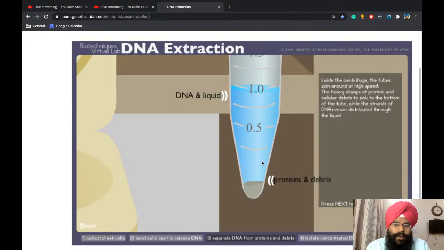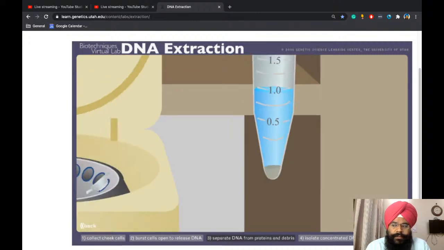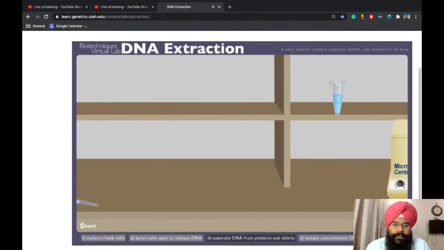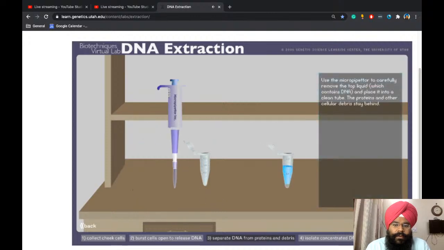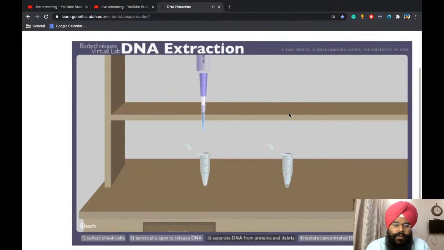The heavy clump of debris and proteins comes to the bottom of the tube, while the strands of DNA remain distributed through the liquid above. So we will carefully take the supernatant, which contains the DNA, and add it into another Eppendorf.